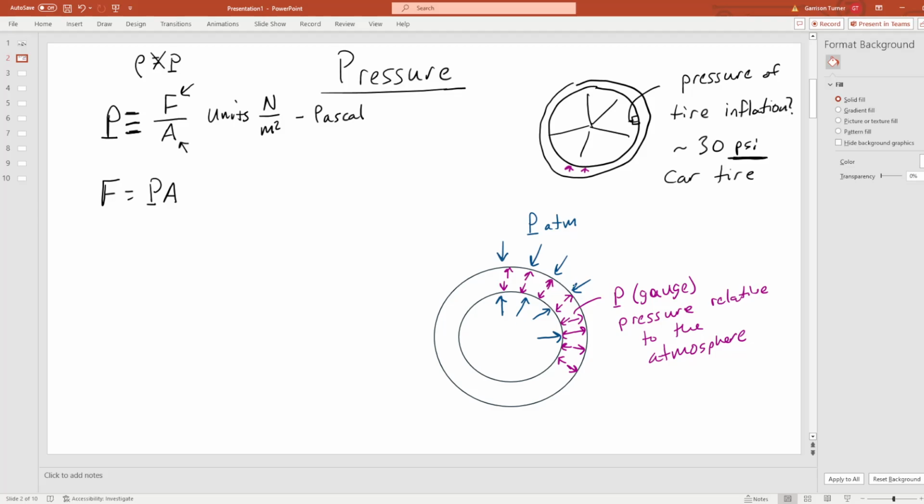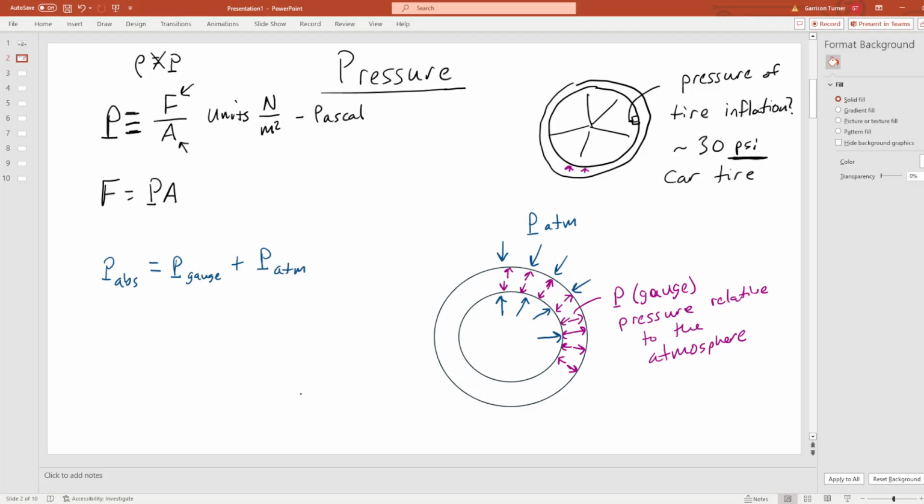Okay. So there's two types of ways to measure pressure. One is the gauge pressure, and the other is true pressure, what we call absolute pressure. So your absolute pressure is equal to your gauge pressure plus whatever the local pressure of the atmosphere is.